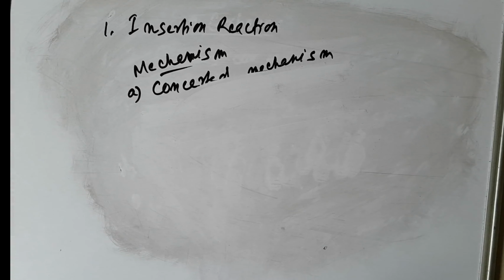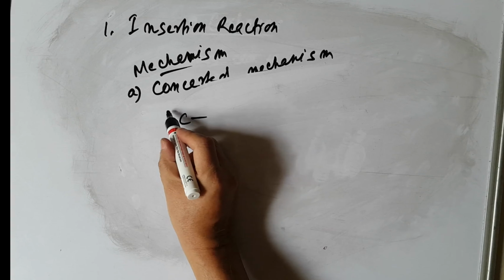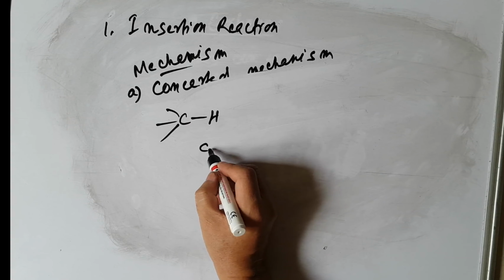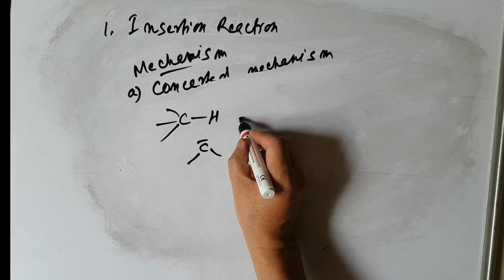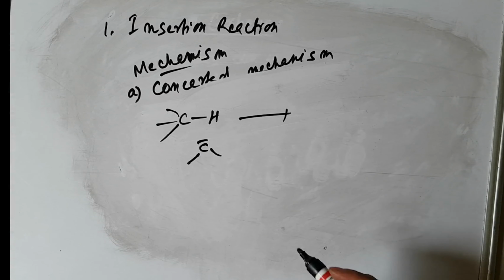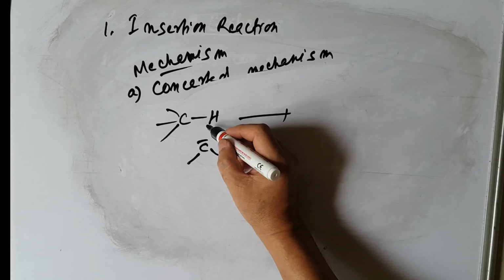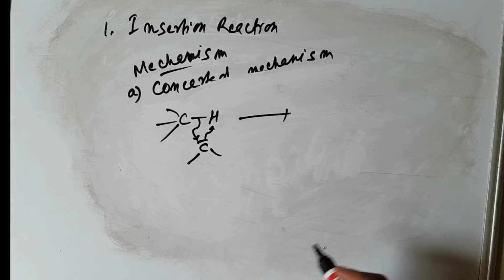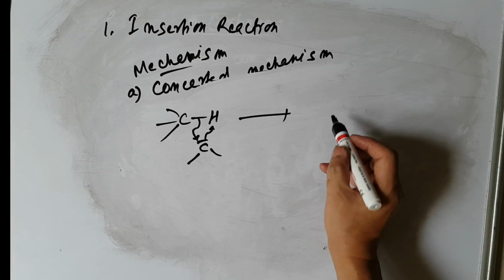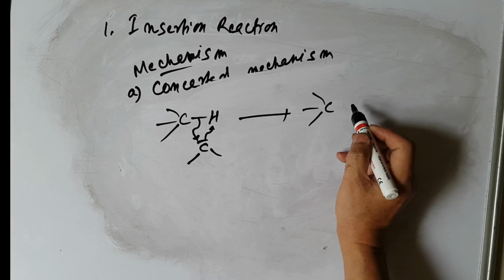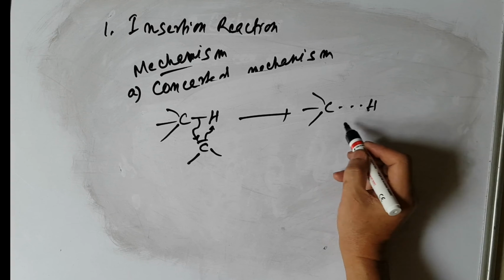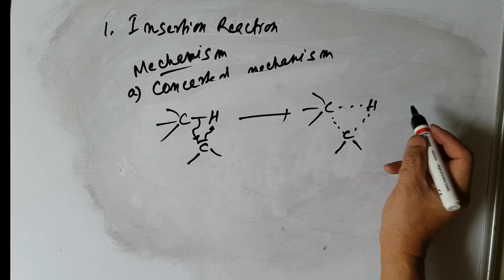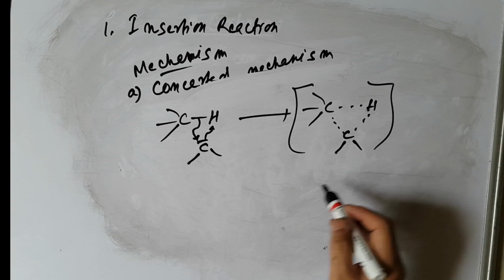So in the case of concerted mechanism, here is the C-H bond, and we have this carbene, like this. So you can have concerted, this one or this one, going through some intermediate. So this is concerted.